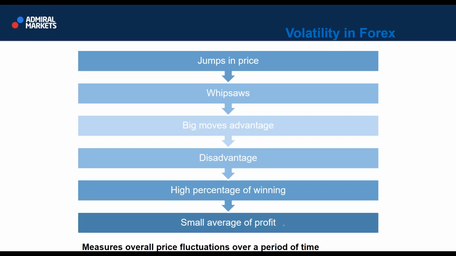Because of that, my statistics show high percentage of winning but small average of profit, because when volatility is high and I go with a breakout trade, I tend to close it. It's not like an intraday trade where I can keep it, or an intra-week swing trade where I may keep it, or like my dollar yen trade where I might keep it for weeks or maybe a month or two. Now this dollar yen swing.